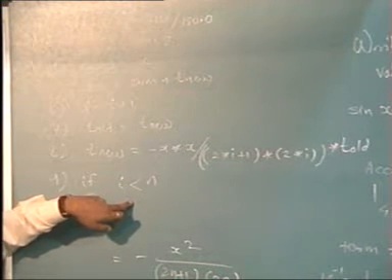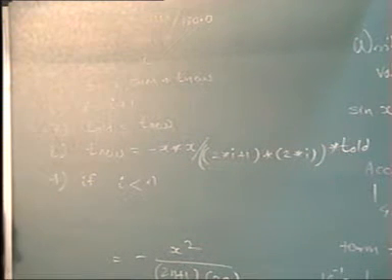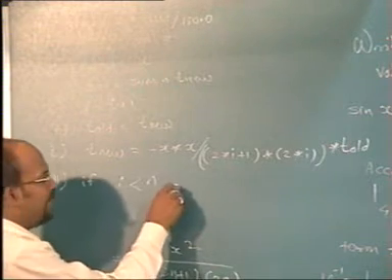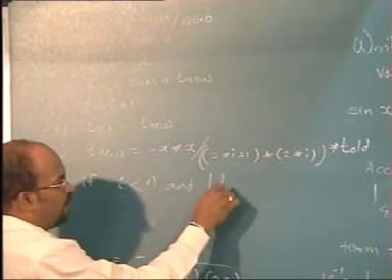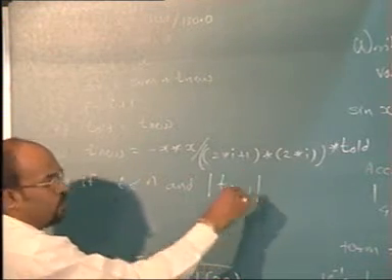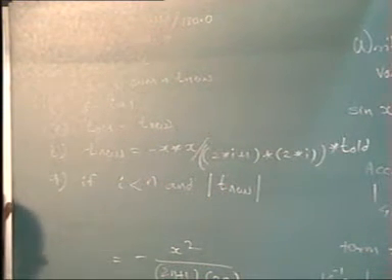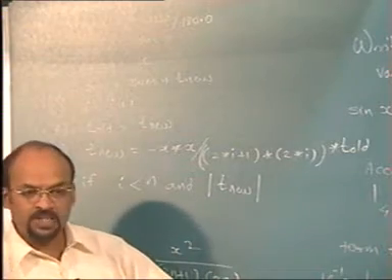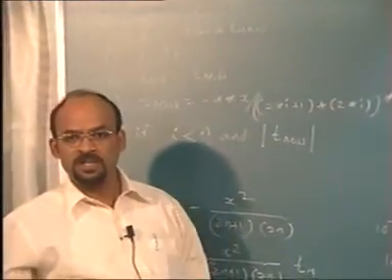Who will tell us the accuracy? It is the new term that we are going to add, which should have those leading zeros. So I will have to say AND mod of t new, the term we are about to add, if it is less than 10 raised to minus 4, then the accuracy is reached.